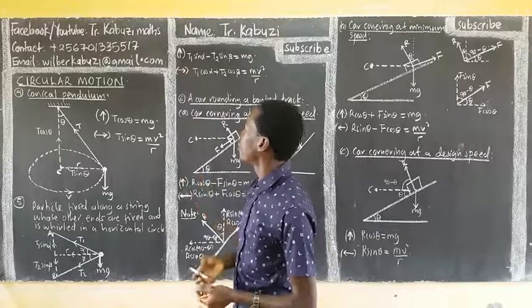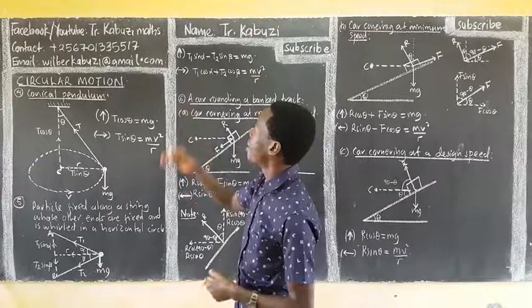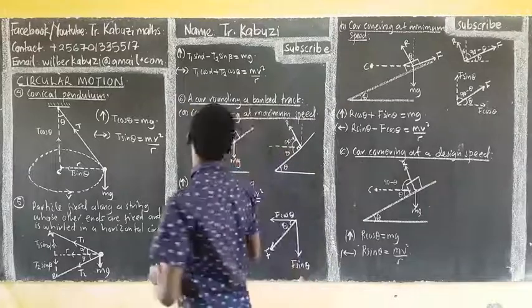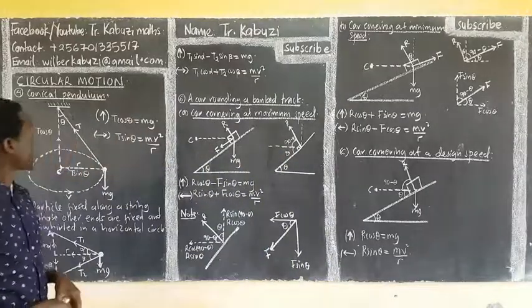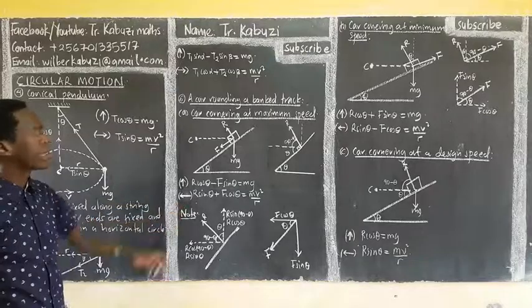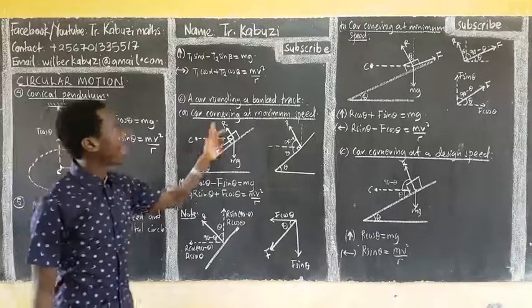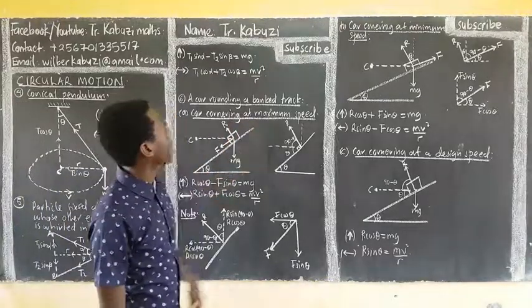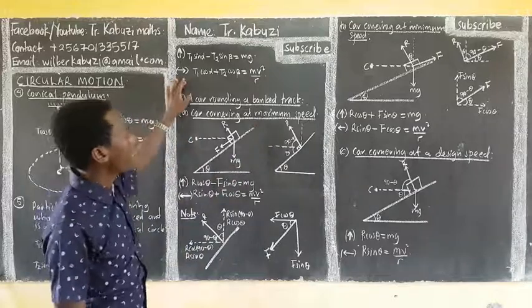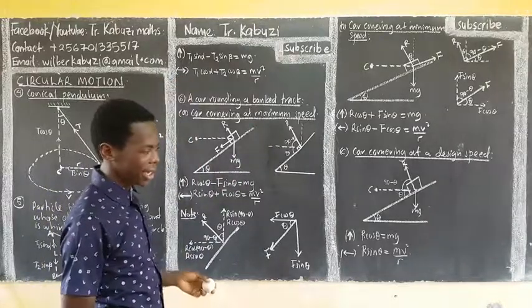Okay, in the next lesson, I change this so that people can get it with ease. For example, here, I think you see. Okay? A car cornering, let us see a car rounding a banked track. Now, this is the case.